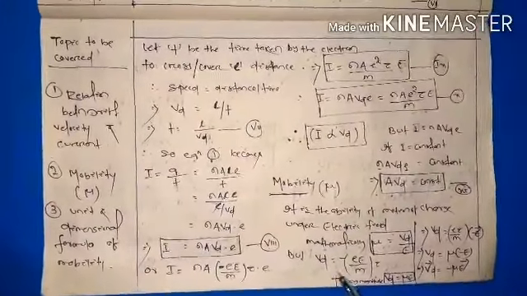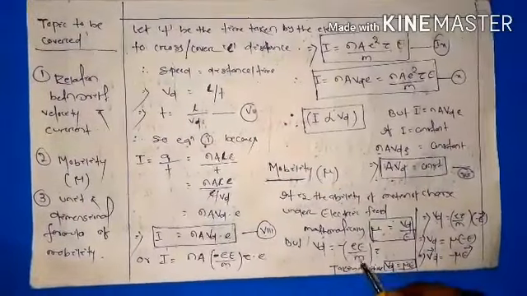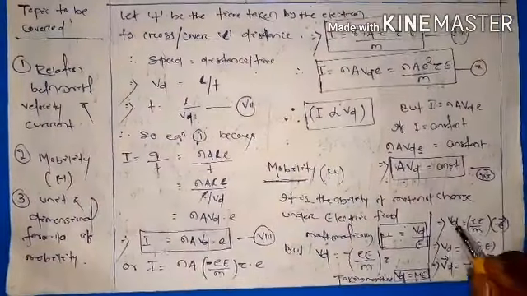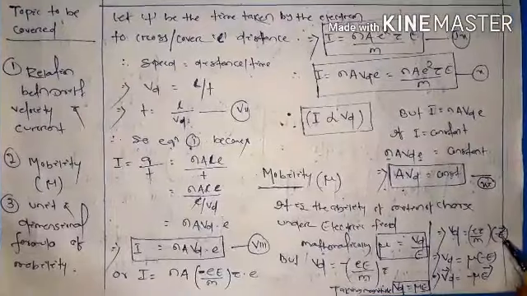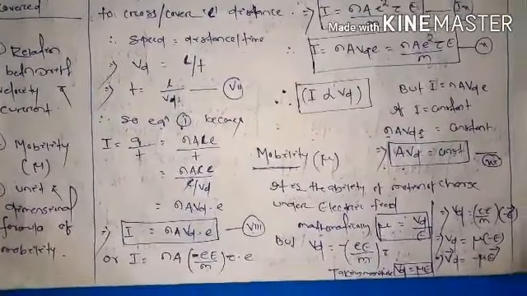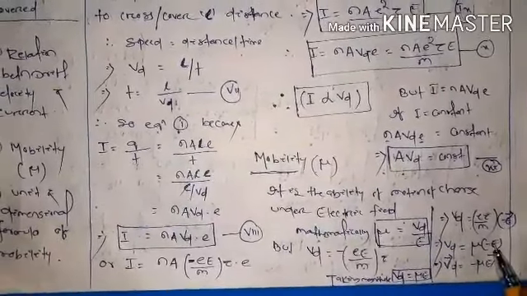But drift velocity Vd is equal to minus e E divided by m into tau. Therefore, Vd is equal to e tau divided by m into minus E. This term is equal to mu. So Vd is equal to mu into minus E.